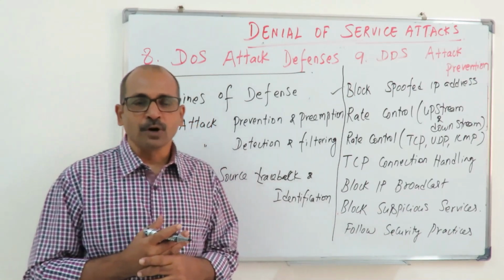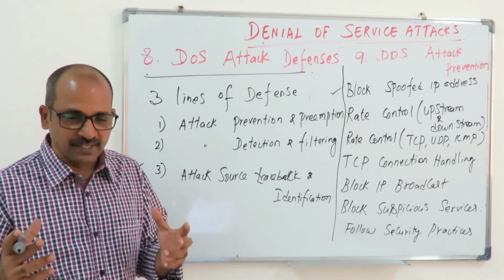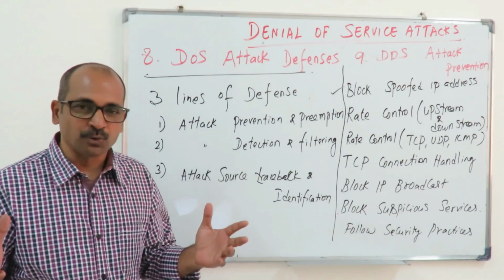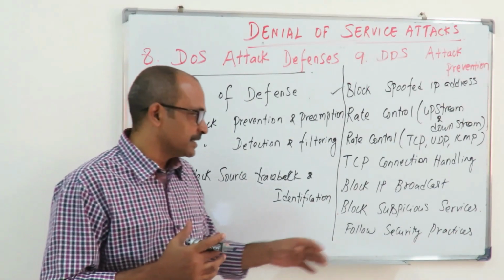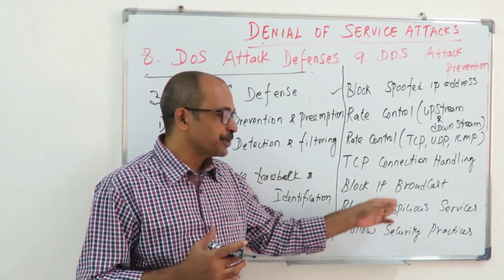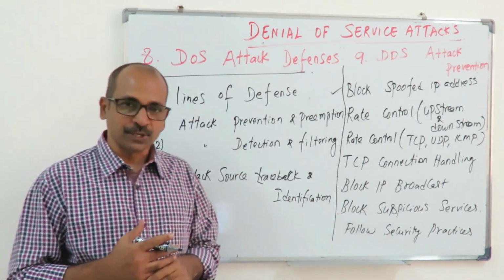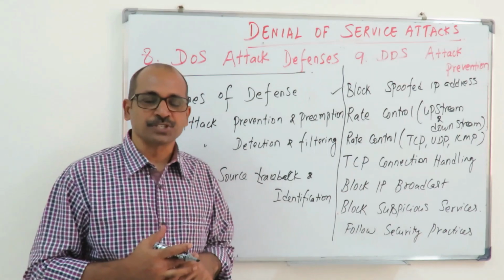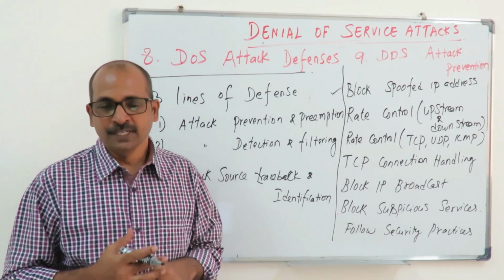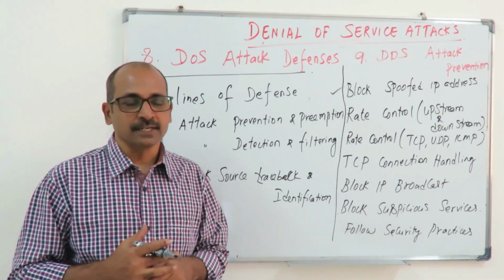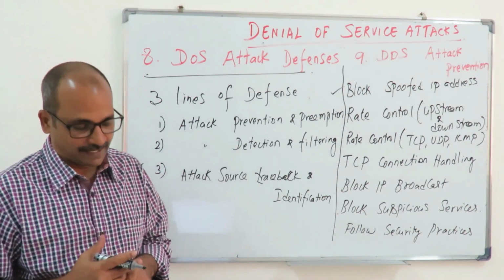If you find something suspicious, you have to close that particular service. Then finally, follow the security practices. This is a very important one. Whatever security practices are available in your organization, you have to strictly follow them. Then only you can avoid the DOS, the denial of service attack.